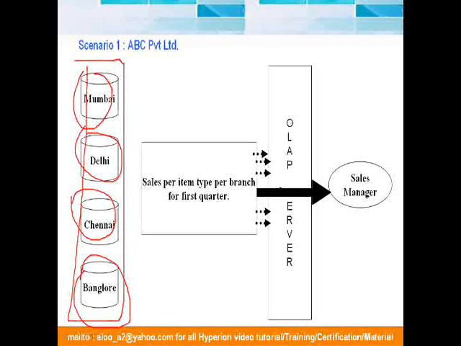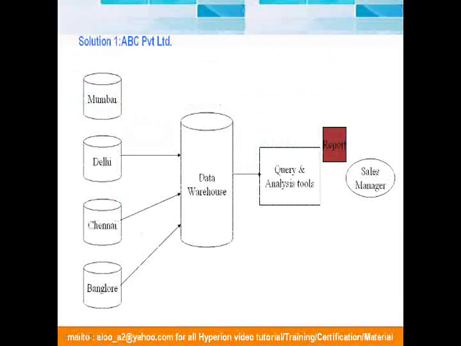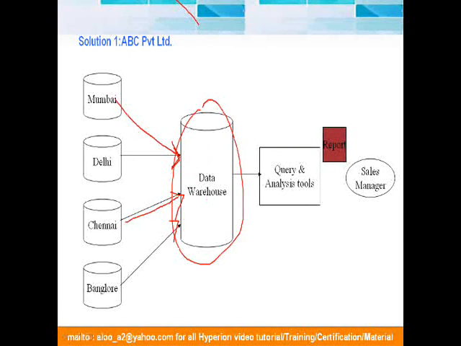The first challenge is to integrate the data. Integration means creating a centralized repository of data, a centralized place where you store the information. Before we create a report on that, we need to store data in a central place, and you may call that store a data warehouse.